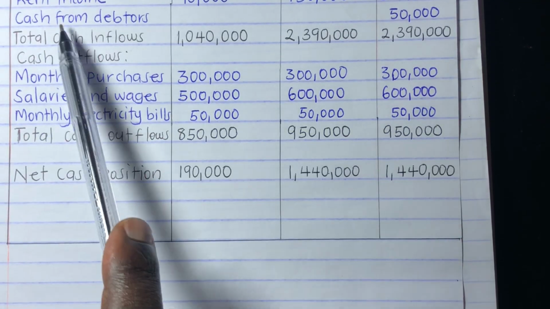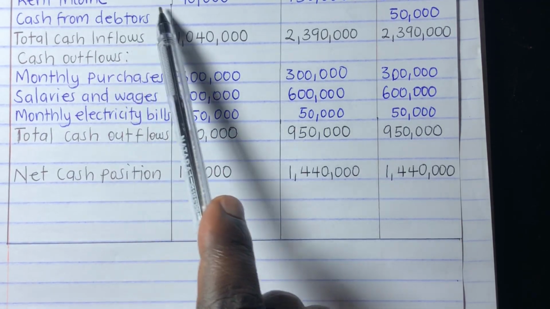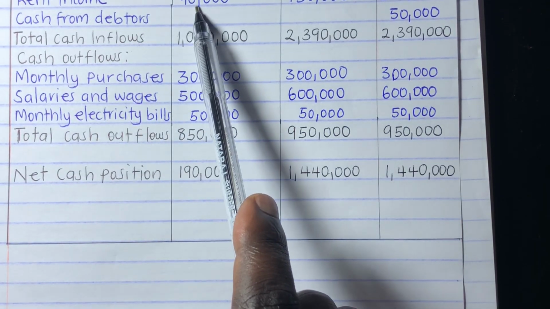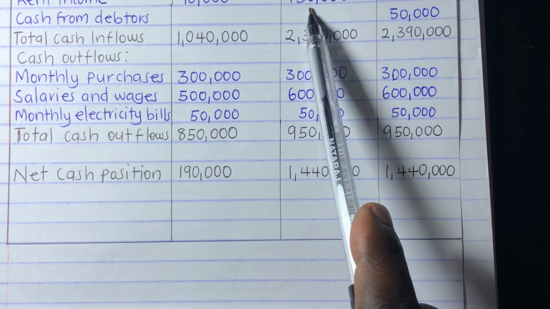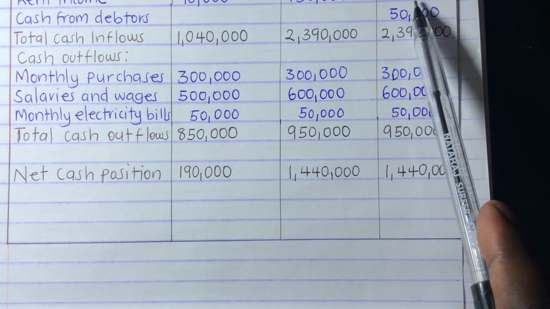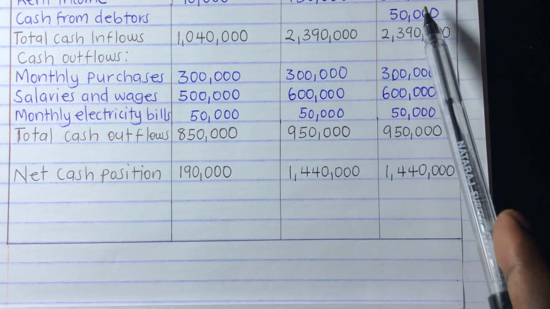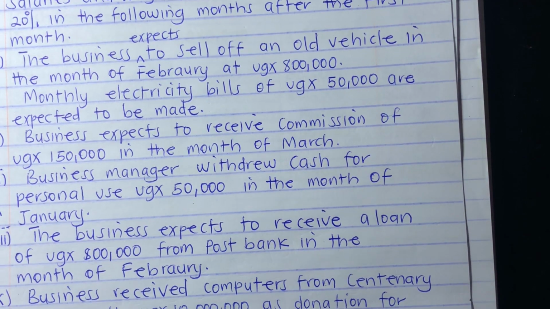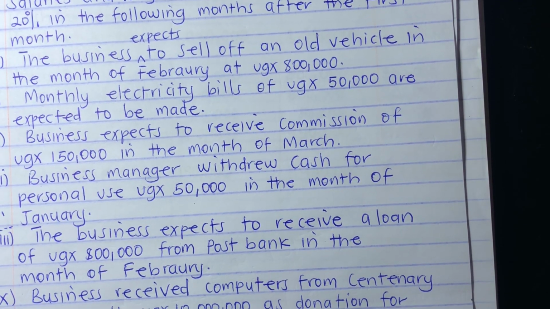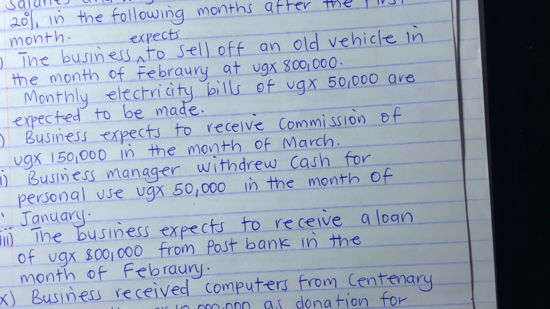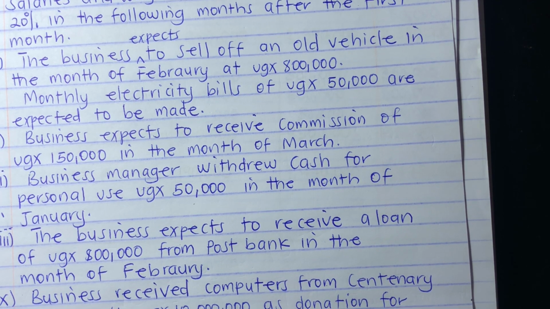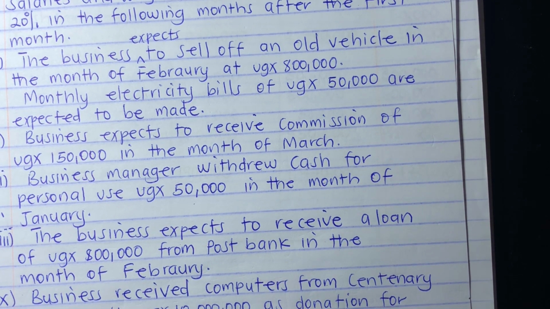So we say rent income, they said respectively in January it received 90,000, February 150,000, then 300,000 in March. Okay, then business received cash from debtors of UGX 50,000 in the month of March. If someone takes goods on credit, they are called a debtor.